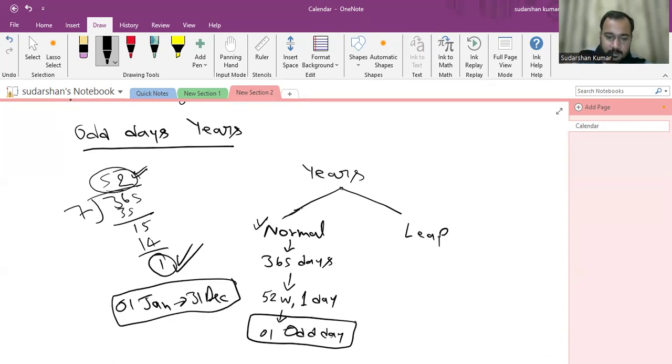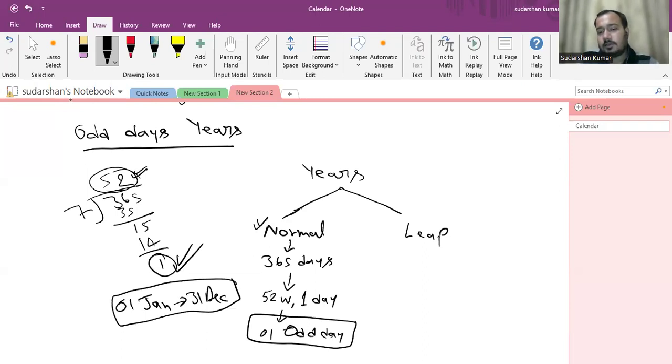So in a normal year, there is 1 odd day, 52 weeks are completed, and the normal year starts and ends with the same day.